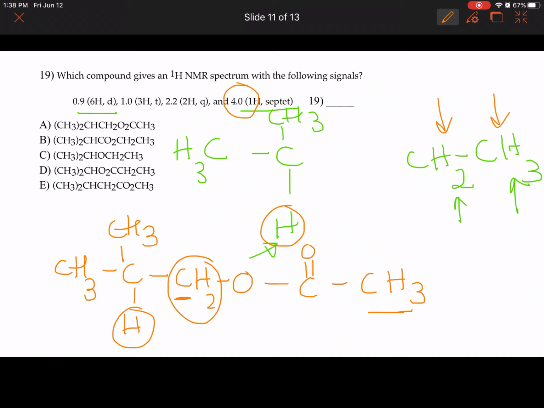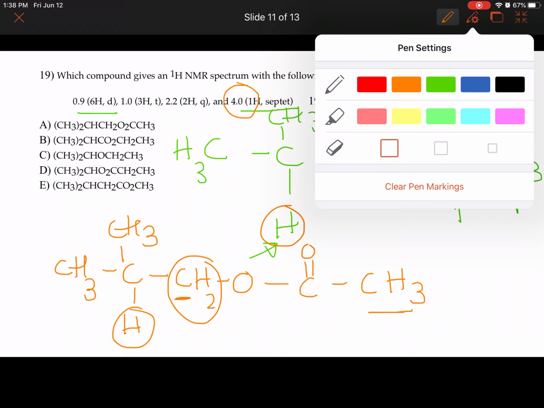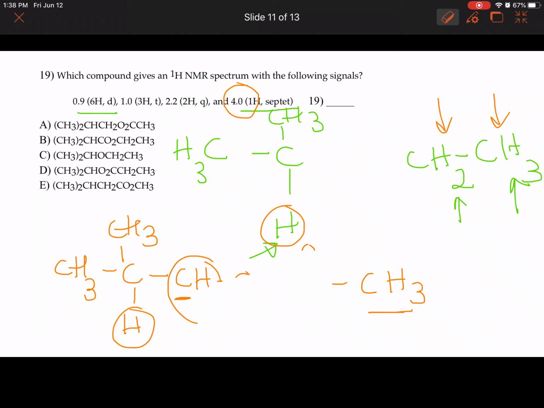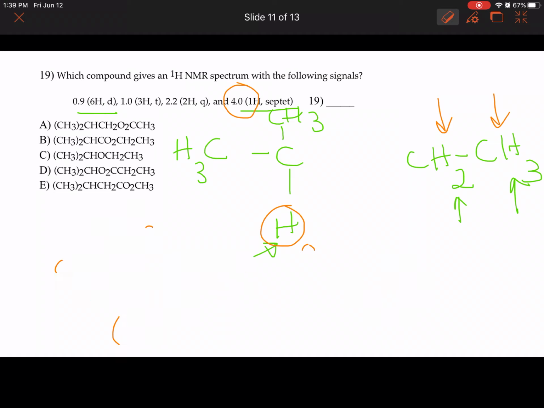And also here we should have a 2 hydrogen doublet, because these 2 hydrogens would be a doublet due to this hydrogen. We don't have that information in our given data, so A is not the correct answer. So A is out.